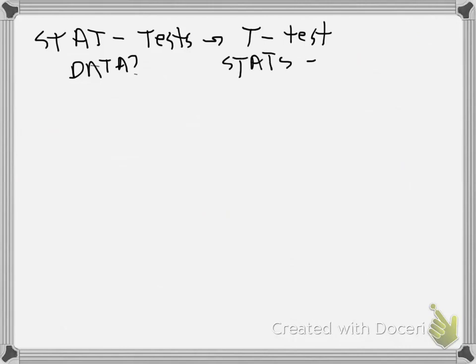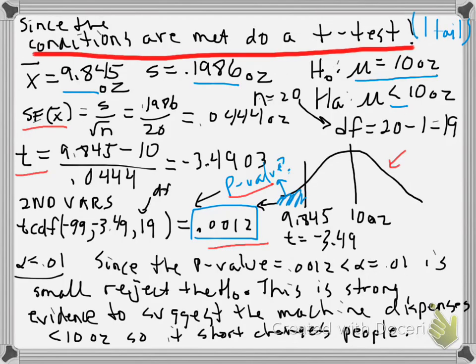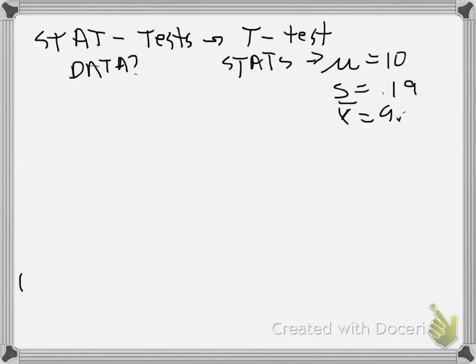If you do stats, you put the mu in, and then you have to put the standard deviation in, which was 0.19 something, and you have to put the x bar in, which was 9.845. You put those in there yourself.